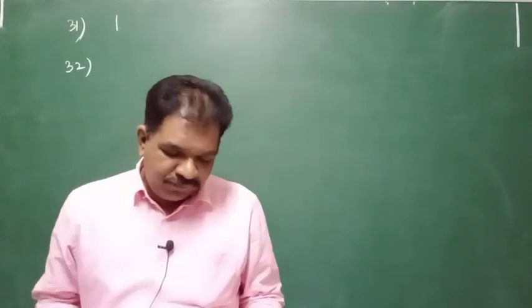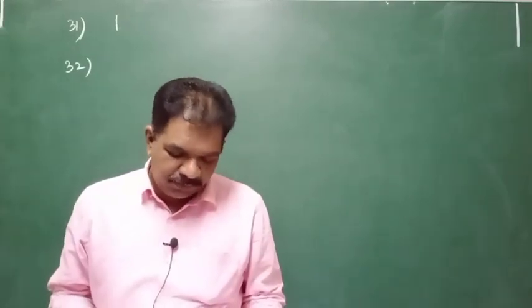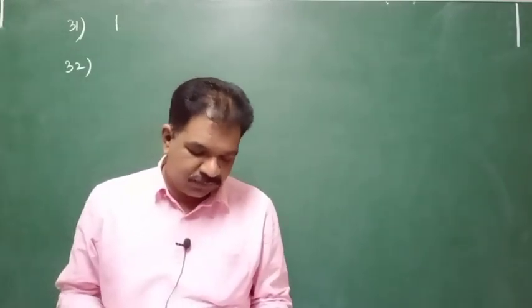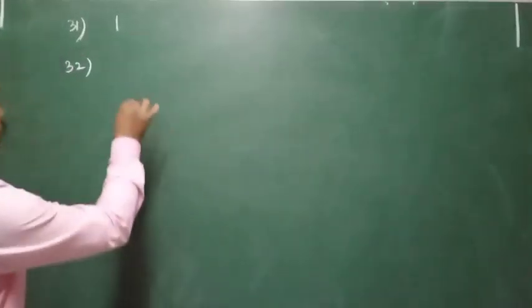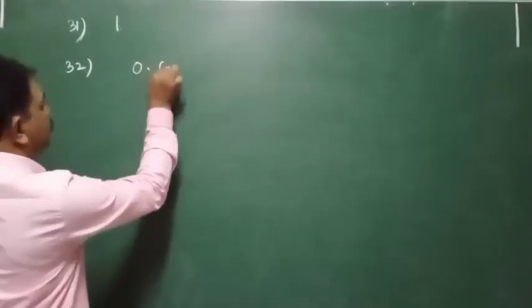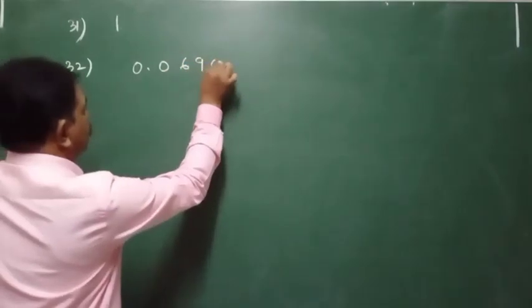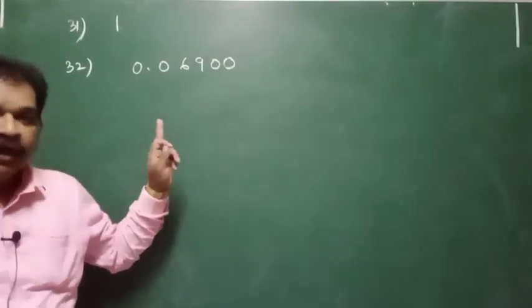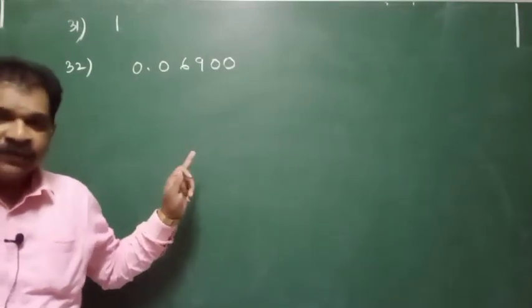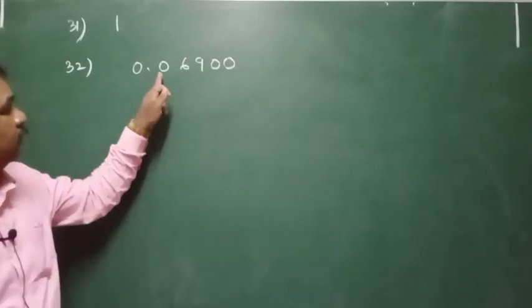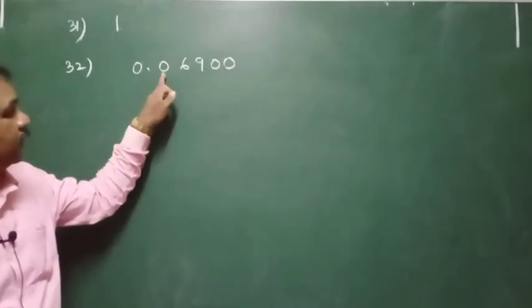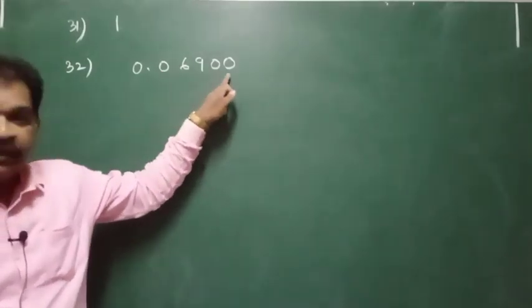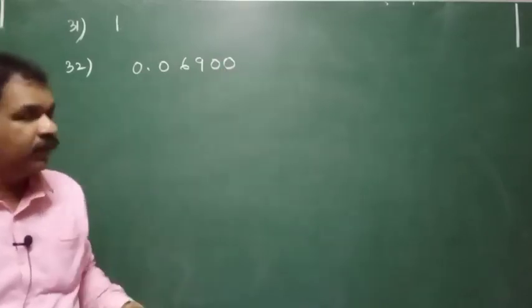The number of significant figures in 0.06900 is? It is having how many significant figures? According to the rules of significant figures, this 0 is not significant. These two zeros are significant.